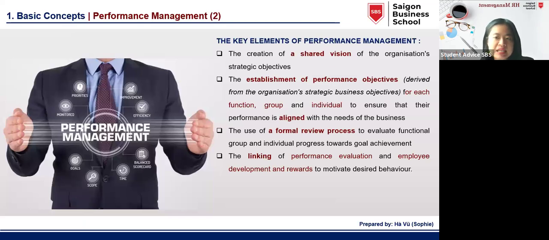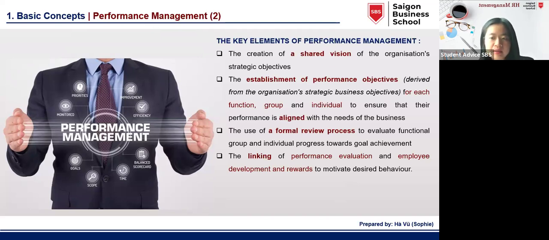So the key elements include, firstly, shared vision, a common understanding of the company's strategic goals. Secondly, performance objectives for each function, team, and individual. Thirdly, a formal review process for regularly evaluating the progress of functions, groups, and individuals.